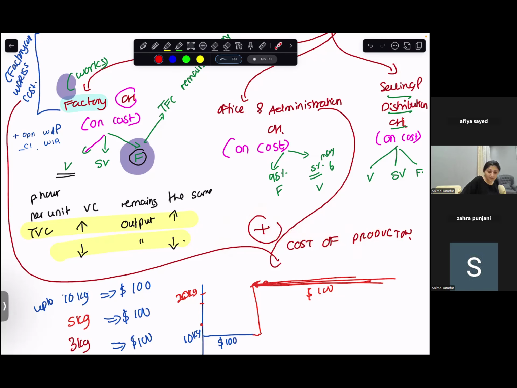So in your cost of production, I'm going to add opening stock of finished goods, and you're going to subtract closing stock of finished goods. You're going to get cost of goods sold.